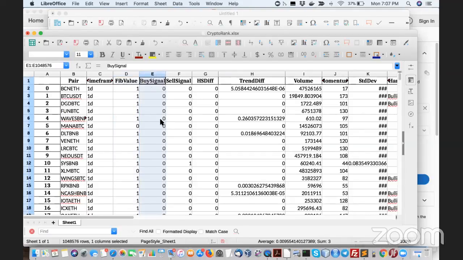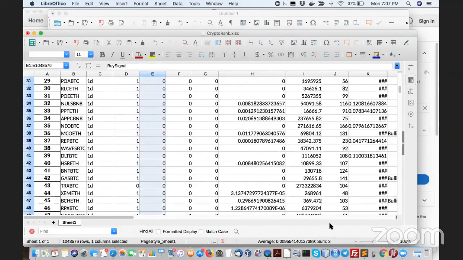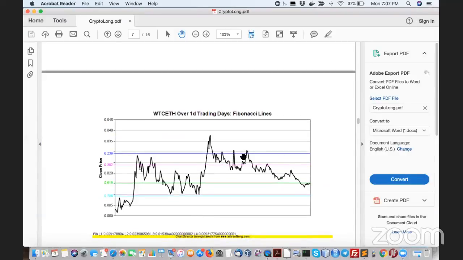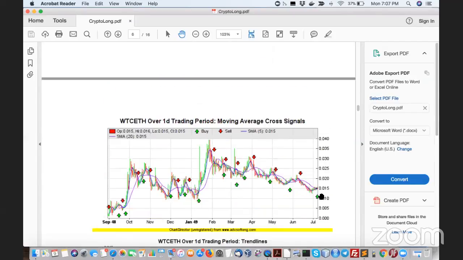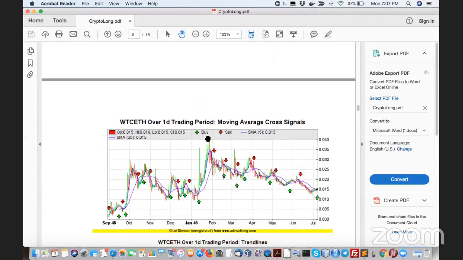The next one is the buy signal. The chart I'm referring to here is essentially the signals that I generate up here for each chart. So here we have moving average crosses. We have different periods, namely SMA 5, a very simple one.